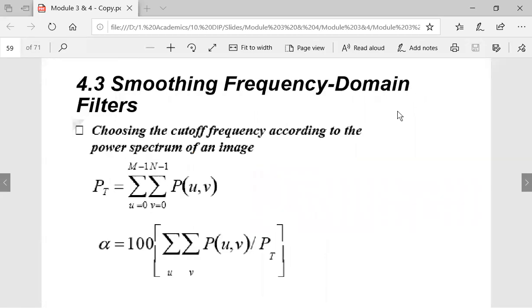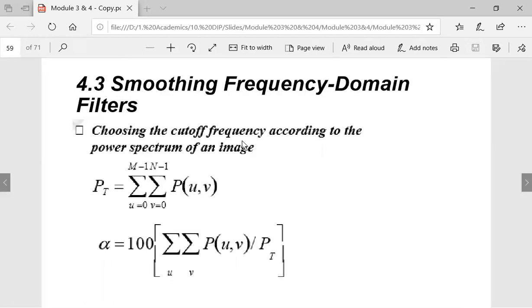So choosing the cutoff frequency according to the power spectrum of an image, we can write it with the summations of u and v. In the spatial domain we were calling it PR, here we are calling it P(u,v). The total power is PT, the summation of u from 0 to M minus 1 and v from 0 to N minus 1 of P(u,v). Alpha is equal to 100 times the summation of P(u,v) divided by PT.